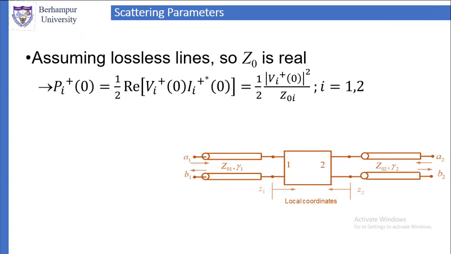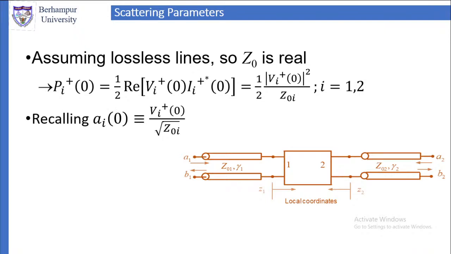So this will be half the real part of Vi plus 0 into Ii plus star 0. That you can write as half |Vi plus 0| squared divided by Z0i, where i is equal to 1 or 2.